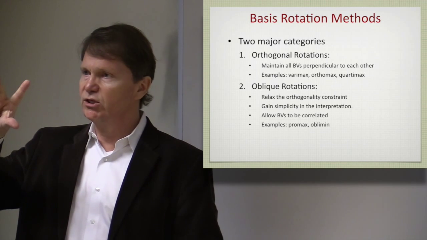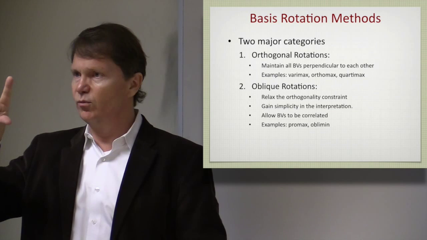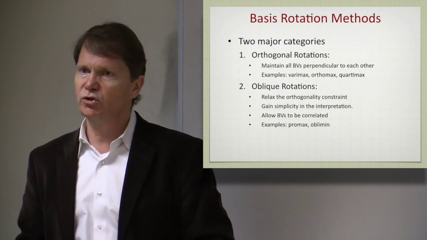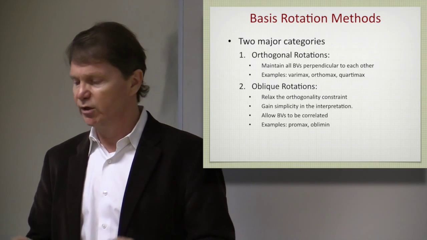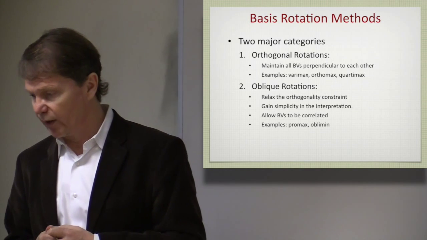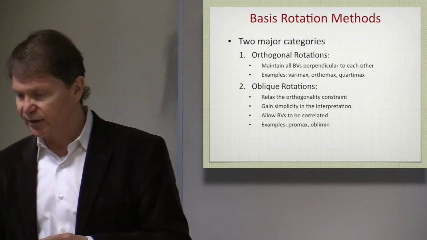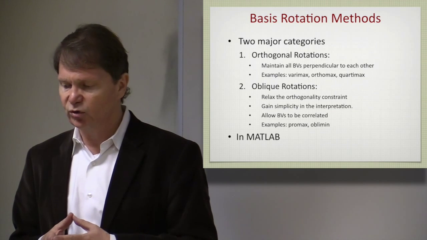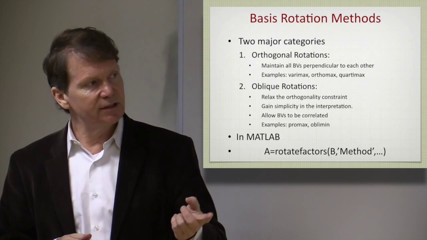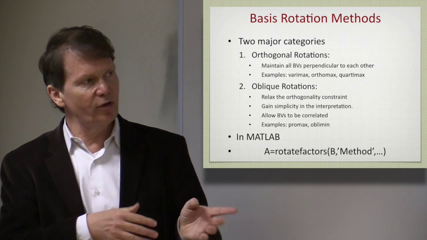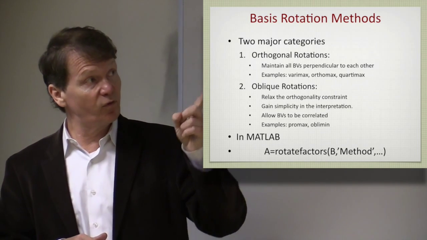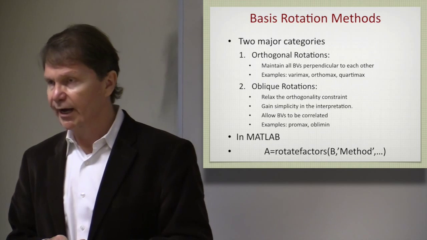Now the basis vectors won't be orthogonal anymore, but they may rotate more easily onto a base set of basis vectors that you think represents pathways, pools, concentrations, and so forth in a biologically more meaningful way. And in MATLAB, this is just a command that looks like this. You rotate one matrix of basis vectors onto another, and you can pick which method you use to do that, and they fall into these overall categories.